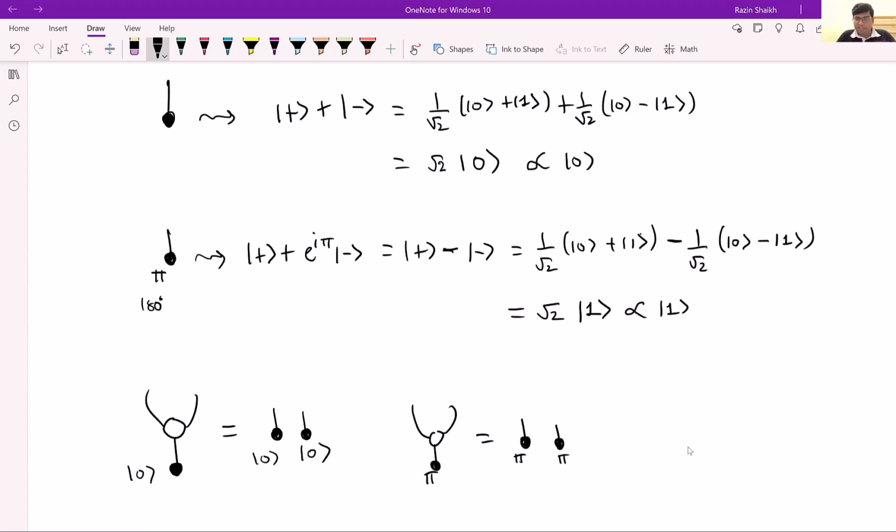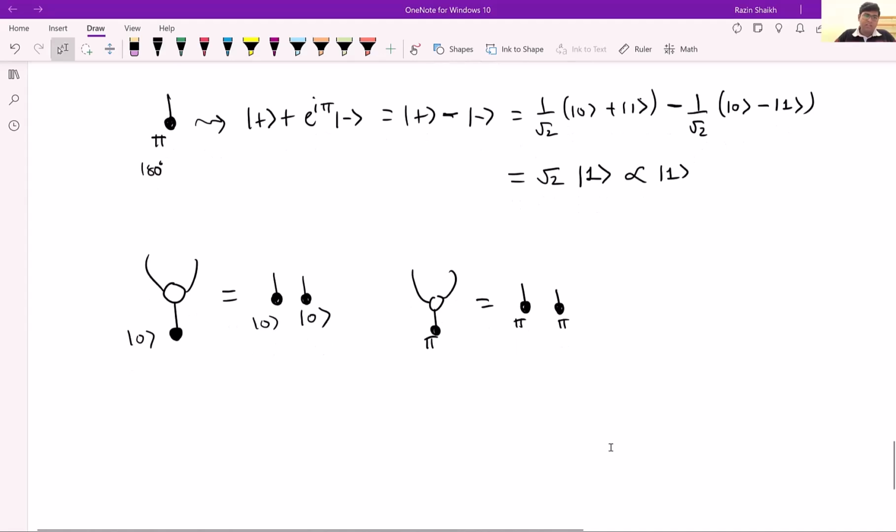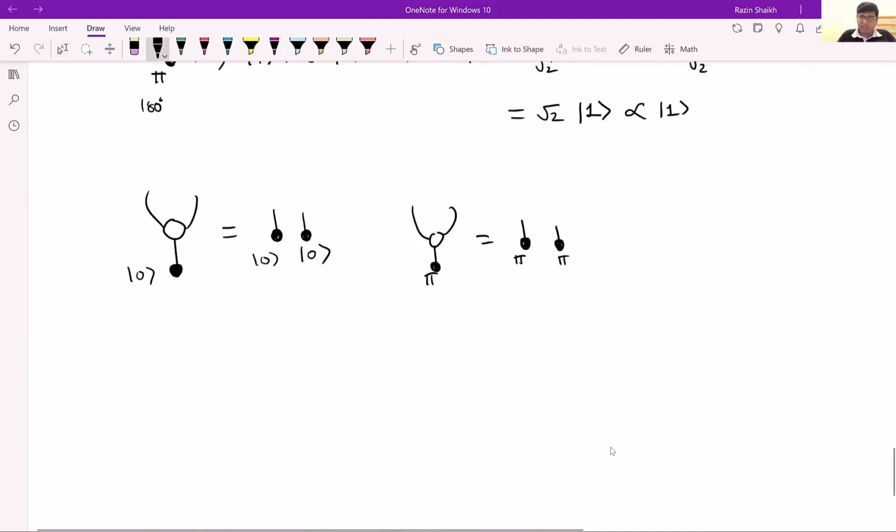By the way, we are just ignoring these extra coefficients because they are not super important right now. So in fact, this rule also works. This is called the copy rule. And this rule also works if you flip all the colors. So instead of X being copied, if I had this, it also is true.